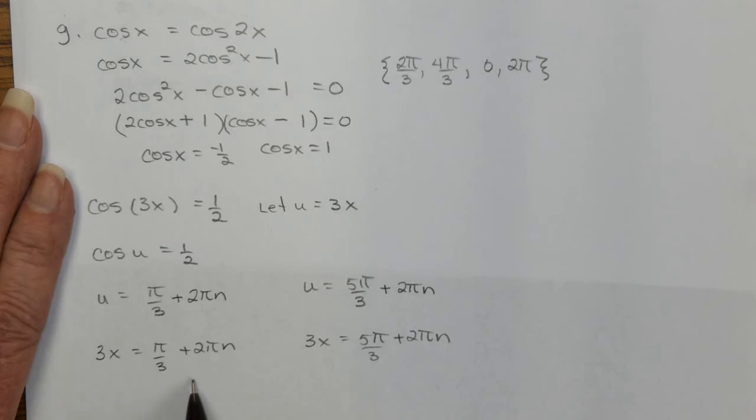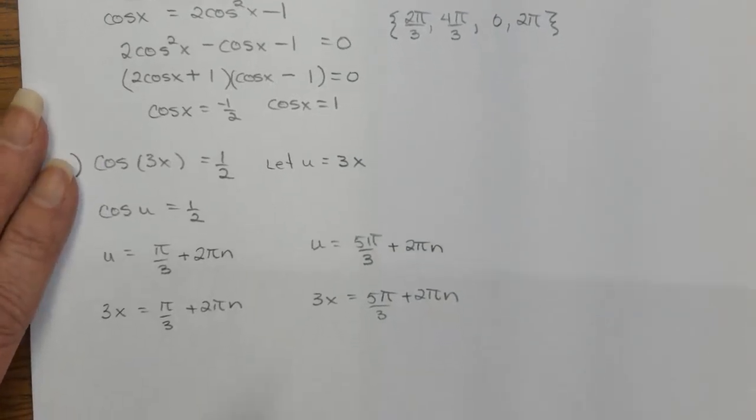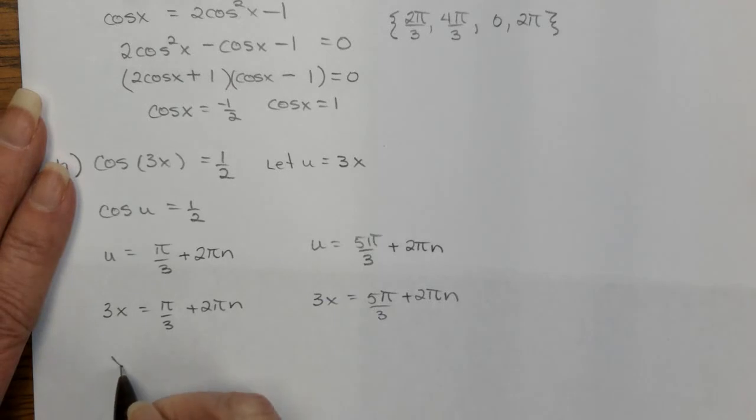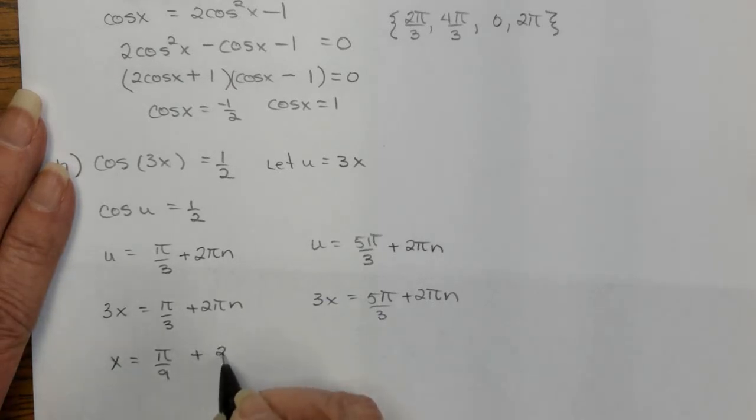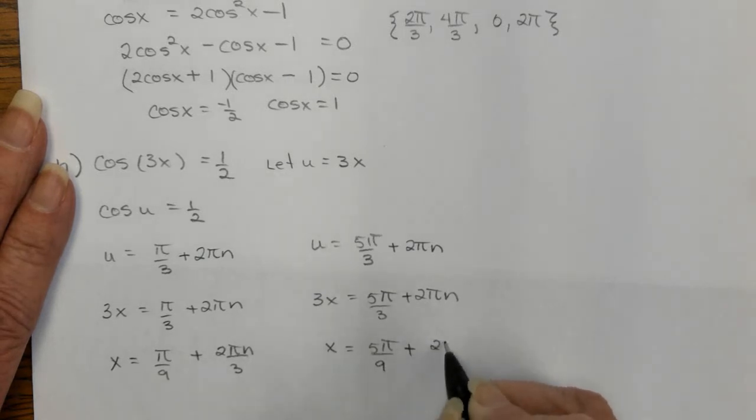Now we have to divide all the equations by 3, and it's the same thing as multiplying by 1/3. So what we're going to get is x is equal to pi over 9 plus 2 pi n over 3, and then x equals 5 pi over 9 plus 2 pi n over 3.